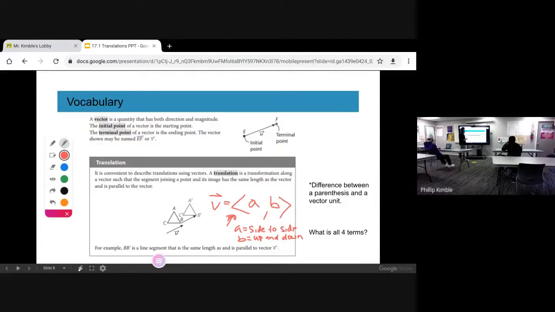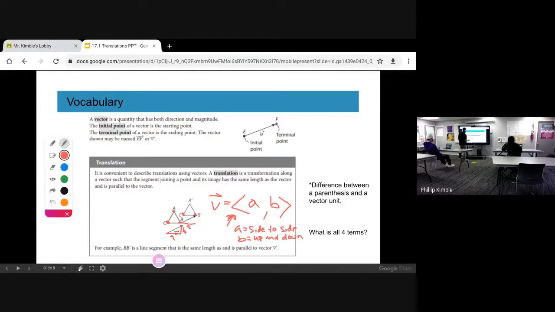And then after that, we're going to use a vector. So whatever this is, A, B, we're going to take each point and move it A and B. And then once we do that with our vector, we're now going to have 3 points.